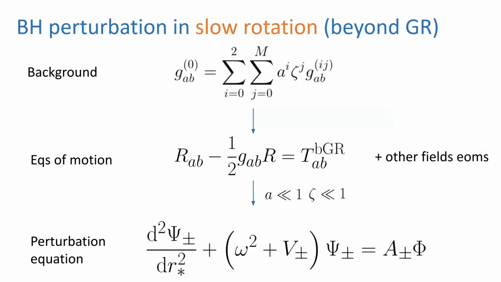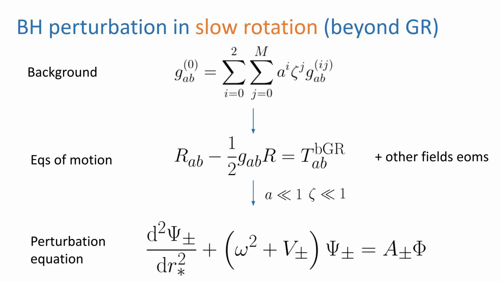Okay, now we know all these things about slow rotation. So how do we do it beyond general relativity? As I said, the background now will be a double expansion in the spin and in the coupling of these nice analytic equations. Then you plug everything into the equations of motion that now will be modified by some stress energy tensor of any additional field.